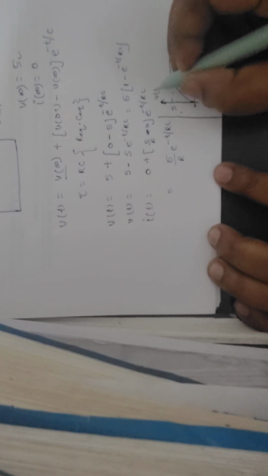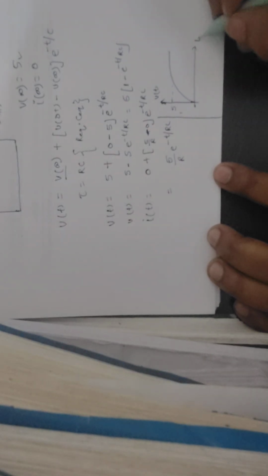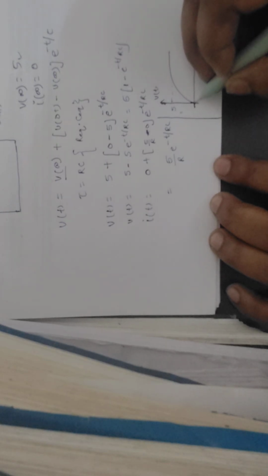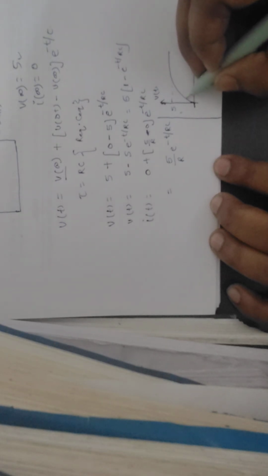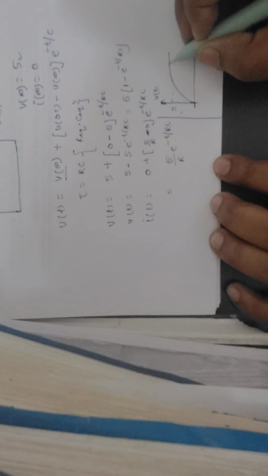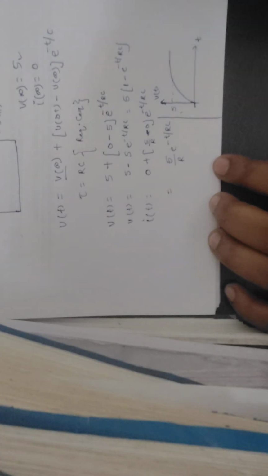Plotting v of t against t, it starts from 0 and it is charging from 0 to 1, 2, 3, 4 and then 5. Then after 5 it is saturated. And then what about the current?